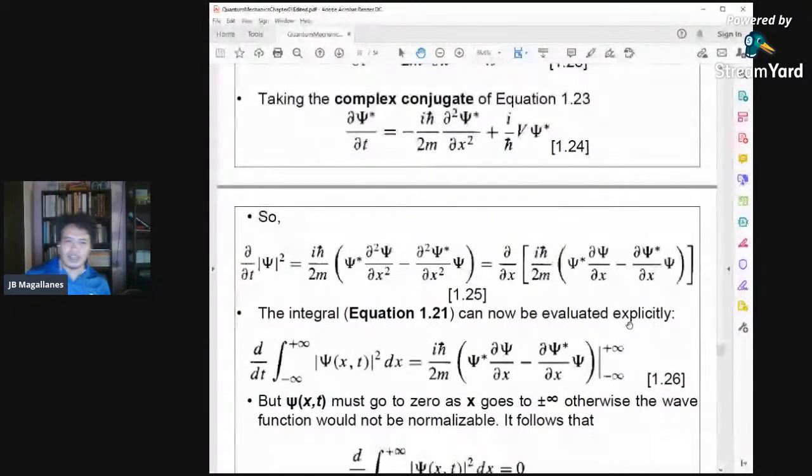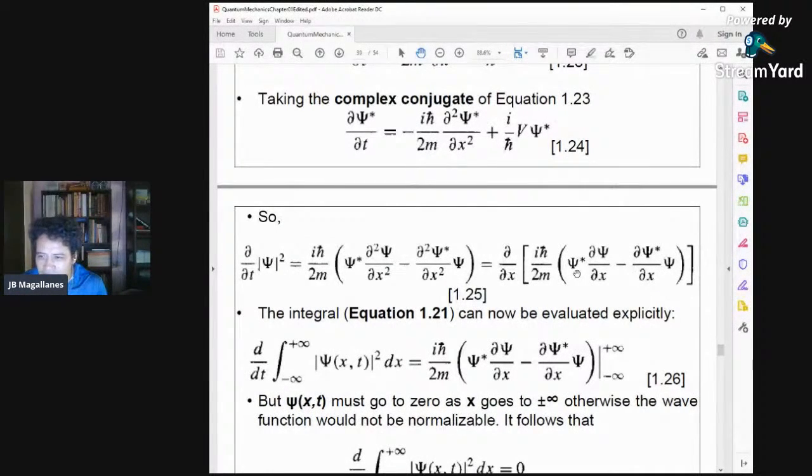The integral is now equal to the integral of this function. If you put the integral here, this is supposed to be multiplied with dx.